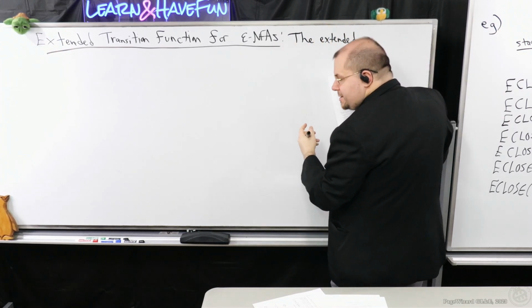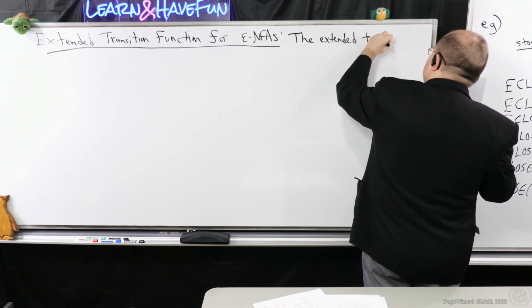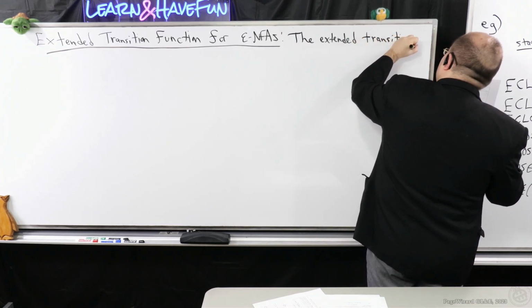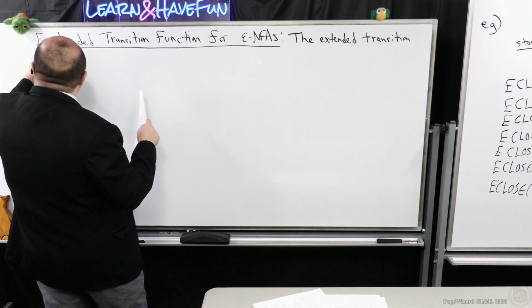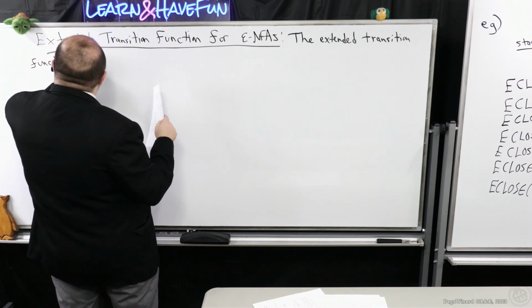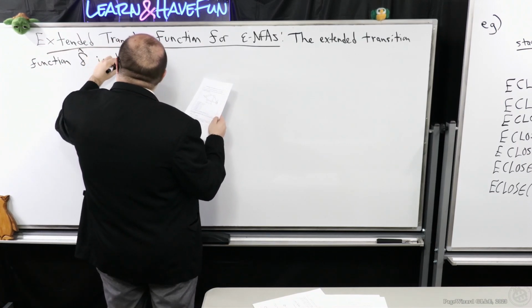I'll use similar notation as before. The function delta hat is defined as follows.